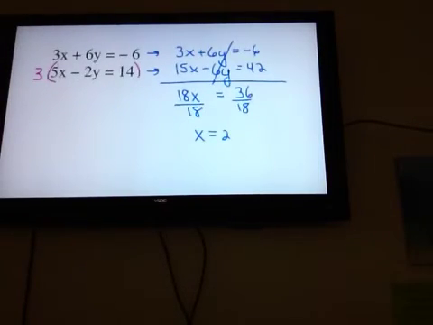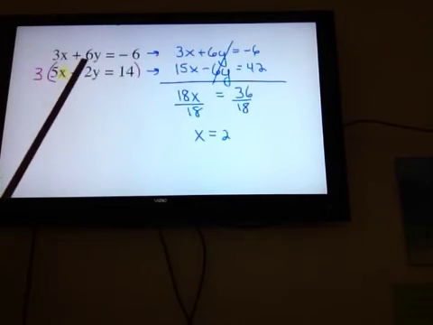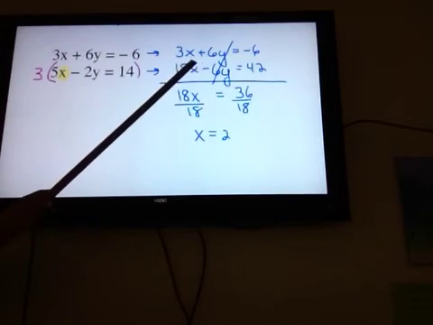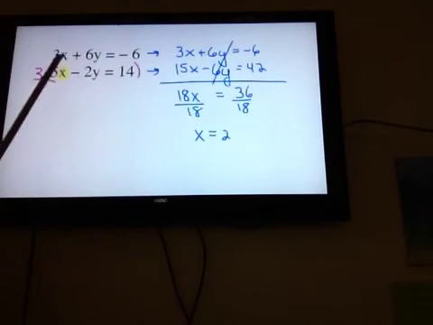And then I gotta find y. So I'm gonna plug in. And it doesn't matter if I go to the original, top or bottom one, or even to the one I multiplied by 3. But I always go back to one of the original equations. So x is 2, so I'm plugging 2 in.